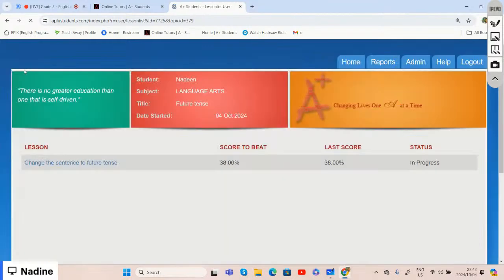All right, so this is now the end of our lesson on future tense, right? Remember, we said that everything that we're doing now is in the present tense. But now, in order for us to swap our sentence to a future tense sentence, we need to basically just add the word will in front of the verb.